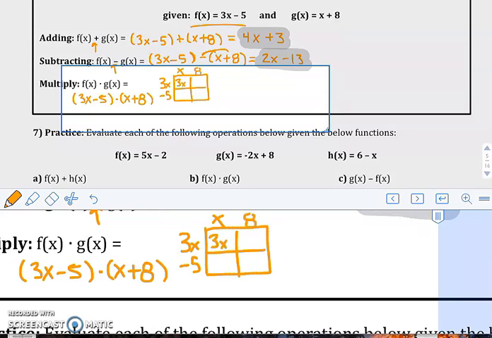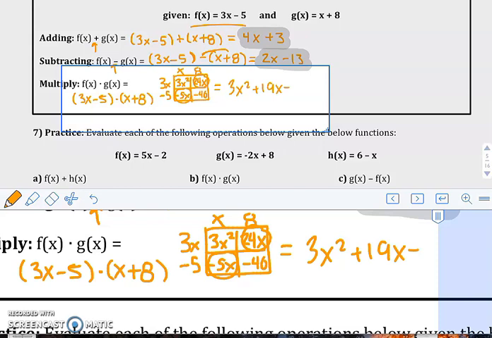So we get 3x squared, 24x, negative 5x, negative 40. So what will it equal when we're all said and done? 3x squared, add your x terms, so plus 19x, minus 40.